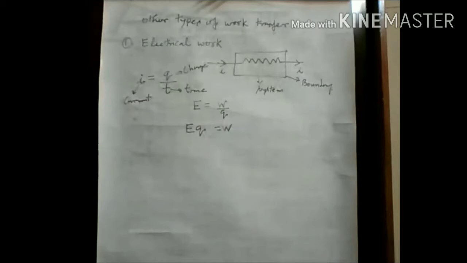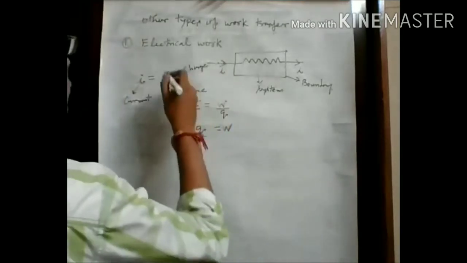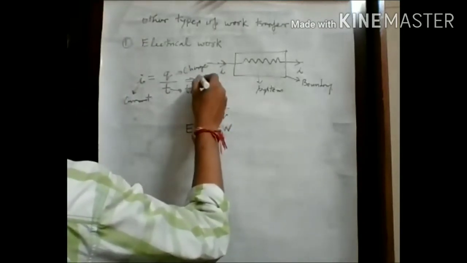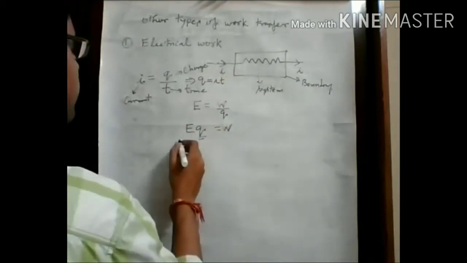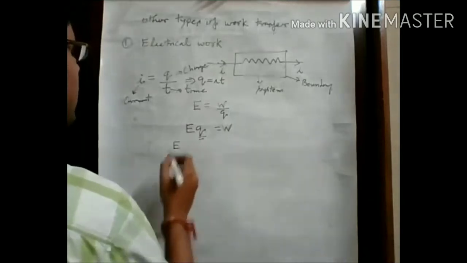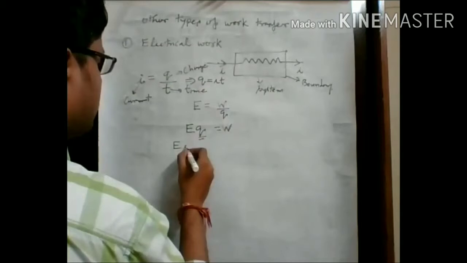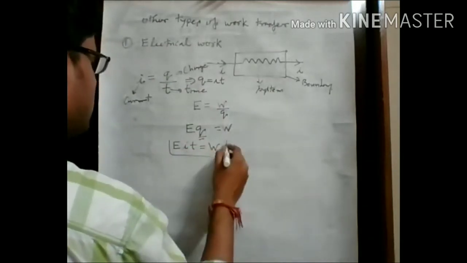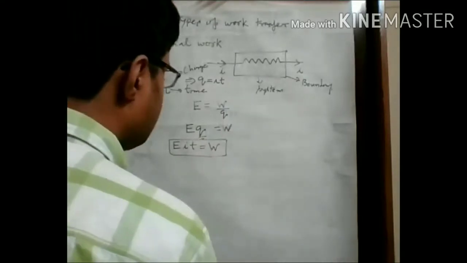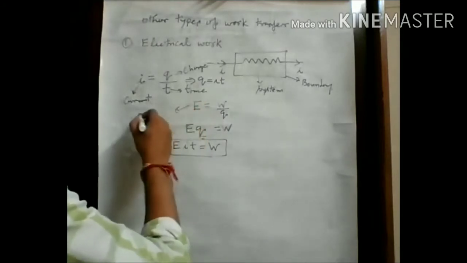So if we rewrite this expression, by putting the value Q, we can write that Q equals I multiplied by T. So if we put Q equals IT, we get EIT equal to W. So this is the work done on the system, equal to EIT, where E is electric potential.